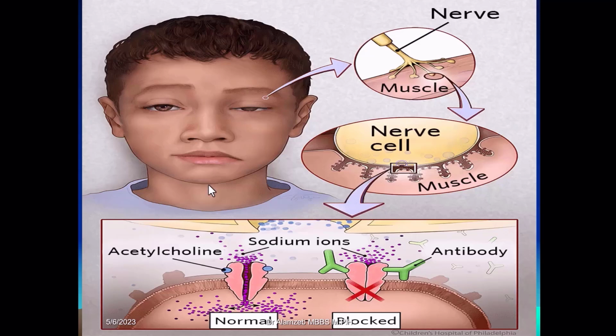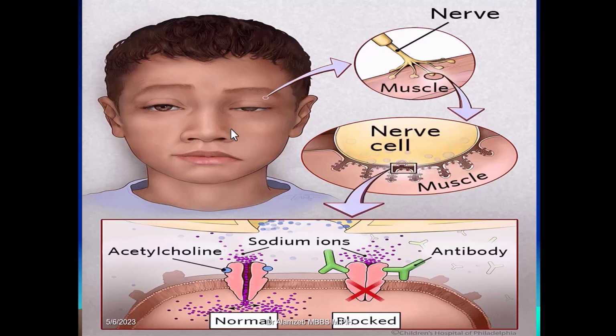Early signs of myasthenia gravis are ptosis of the eyelid, or drooping of the eyelid, and facial muscle weakness. This also occurs in facial palsy, but here other symptoms are also associated. This patient becomes fatigued very easily. When we try to talk with this patient, he can speak a few words.